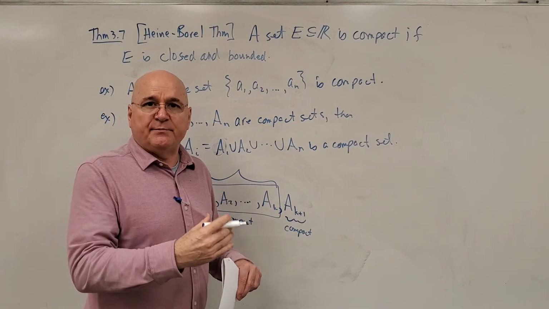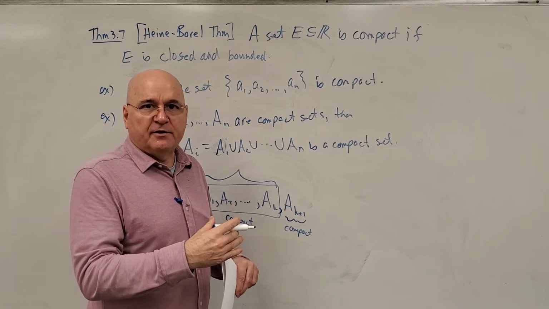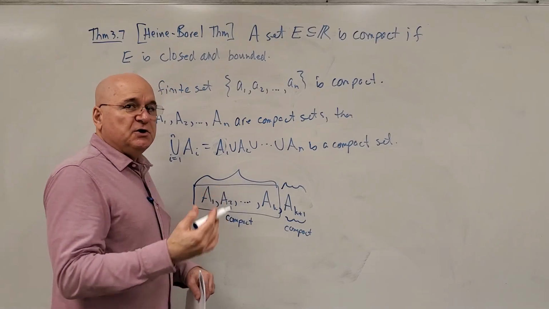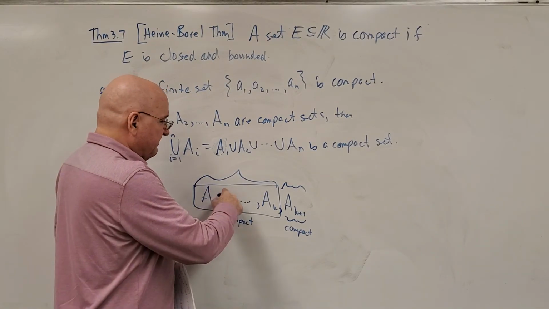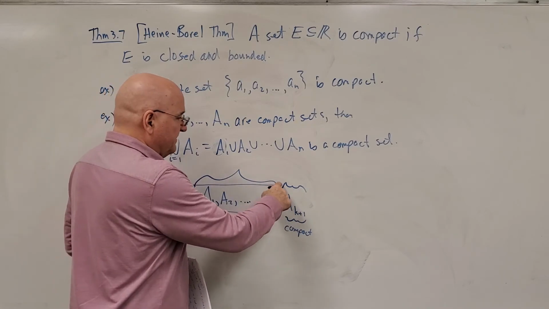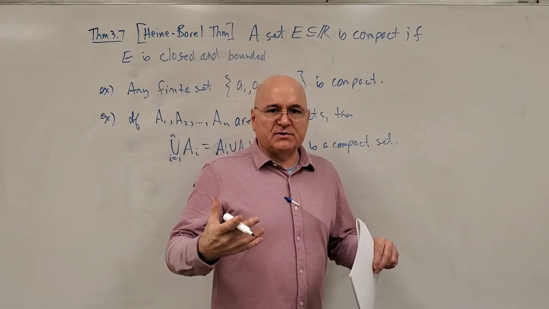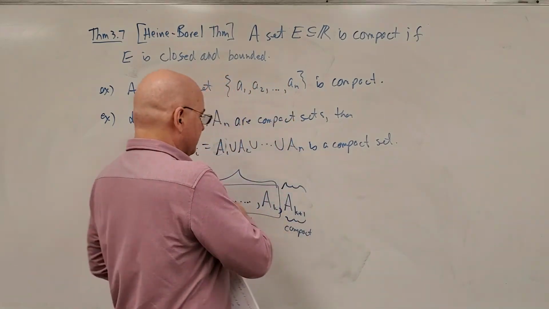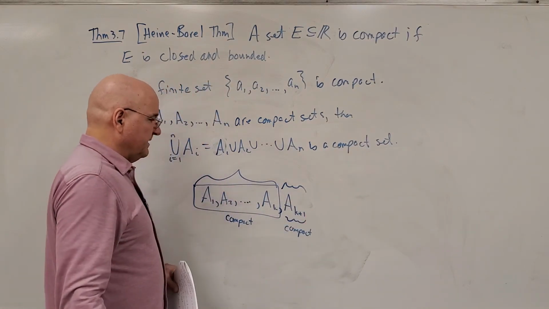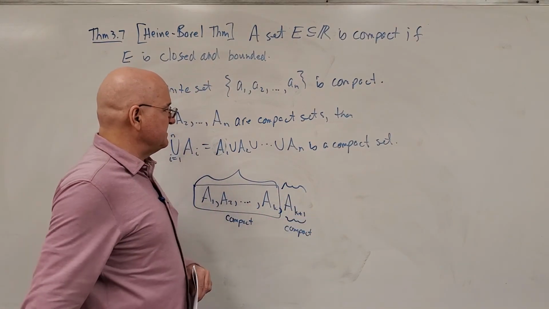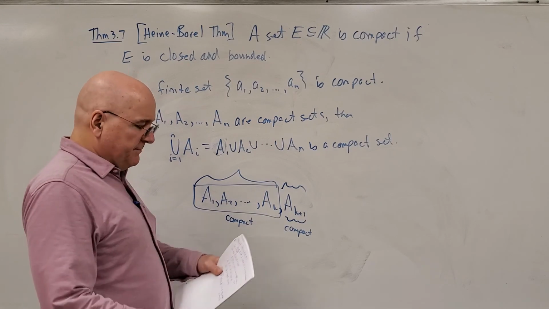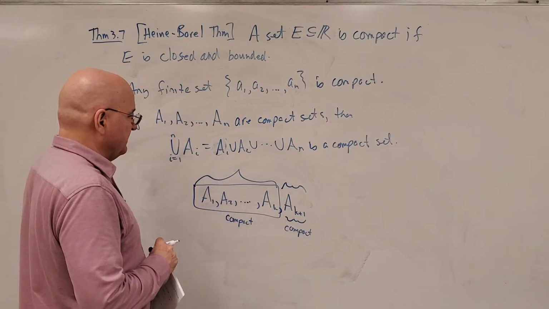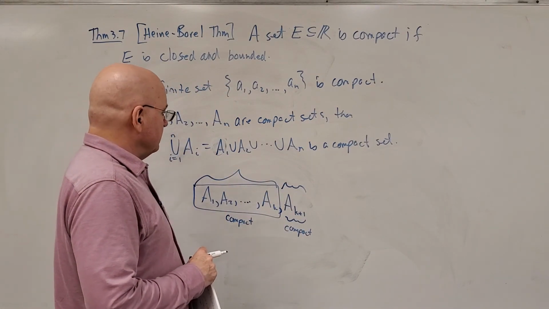There's also a finite number of those in the cover. There's a finite subcover for this one. So if you union together this finite subcover with this finite subcover, two finite numbers are still finite. So you have found a finite collection that covers the entire set of compact sets. So a simple induction proof, and I believe it's number 36 that you'll be doing. So it shouldn't be too difficult.